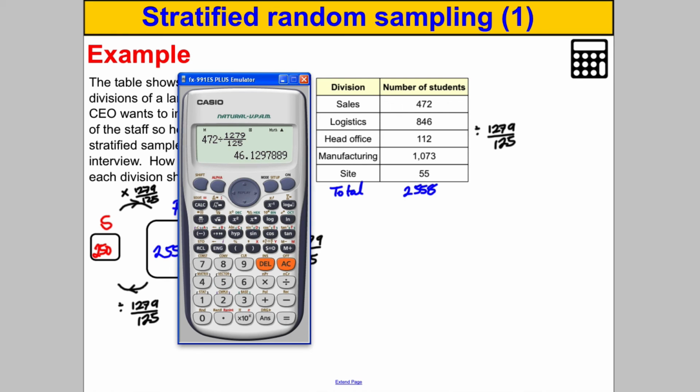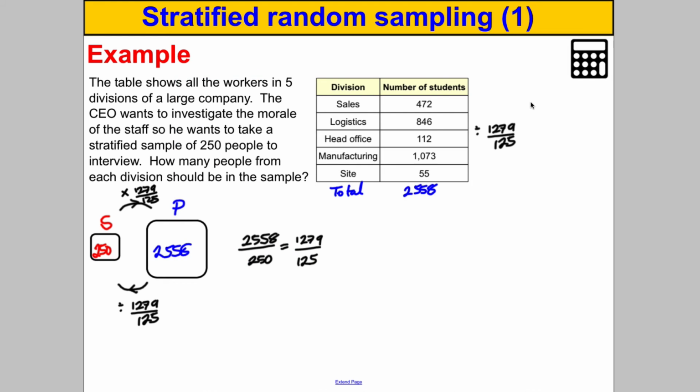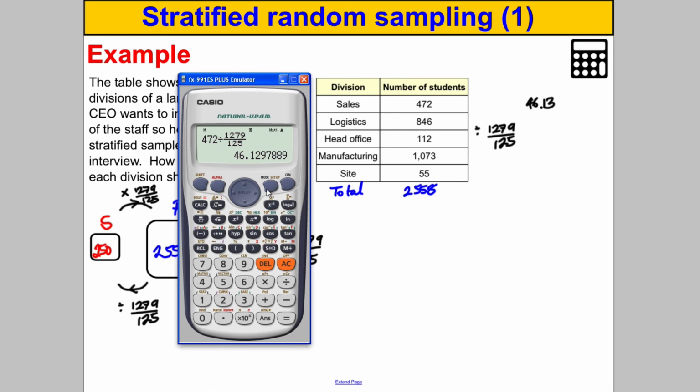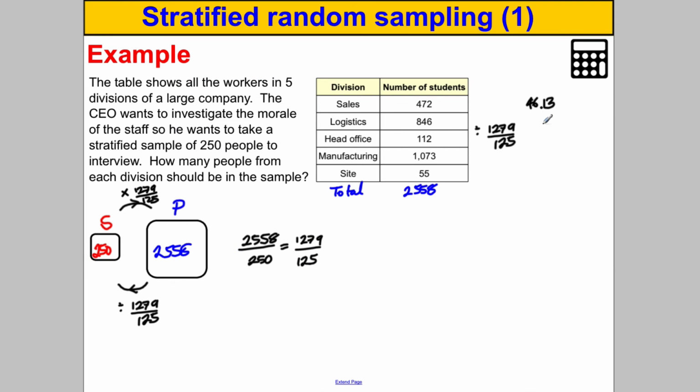Okay, and in this case I get 46.13 if I round to 2 dp, so let's write that down, 46.13. Now if I want to get the next one, I could just press back like that and change the 472 to 846, and in this case here I get 82.68, and so I will continue.